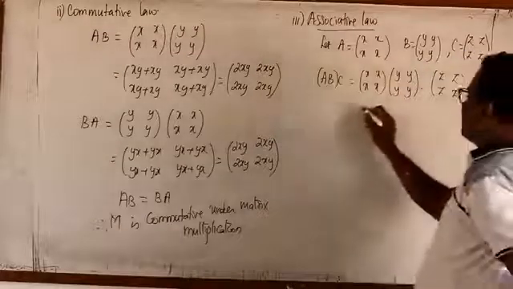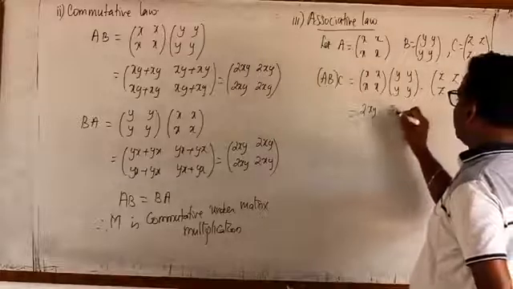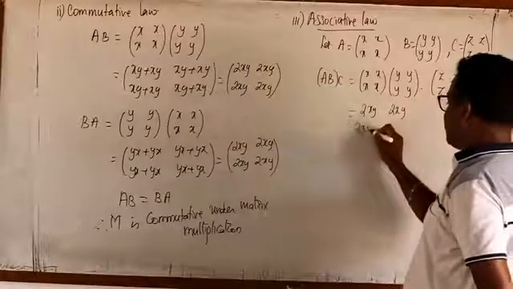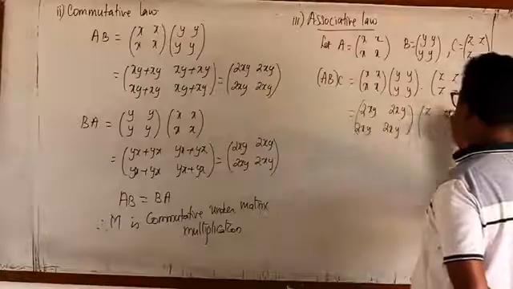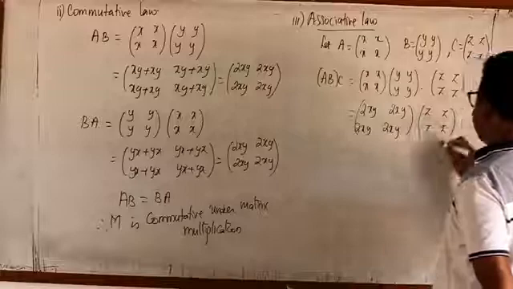You know this multiplication is 2xy, 2xy, 2xy, 2xy into z, z, z, z.